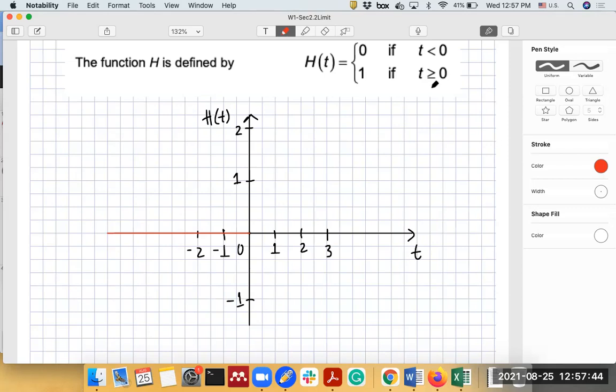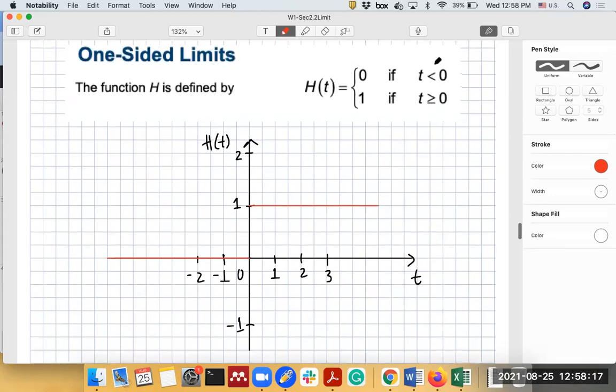And when t is positive, it means on the right side of 0 on the t-axis, the value in the y coordinate will be 1. So where is it? Should be right here, like this, right? Is it enough? Very good. Thank you very much.